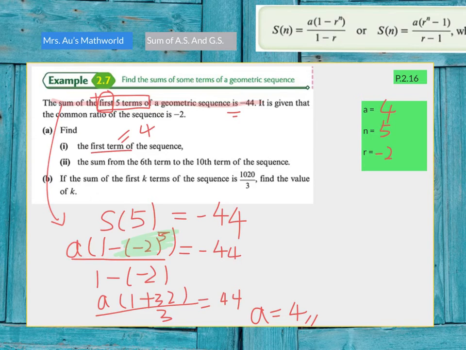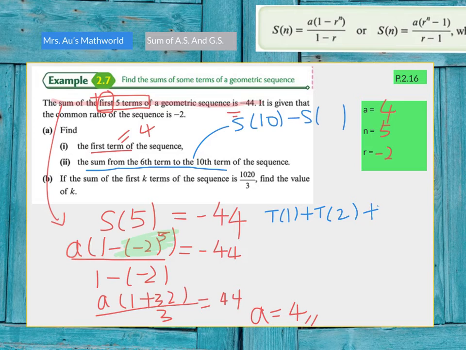And then for A2, let me give you the briefing. The sum from the 6th term to the 10th term. Remember, we start from the 1st term to the 10th one, so we need to subtract the repeated ones.